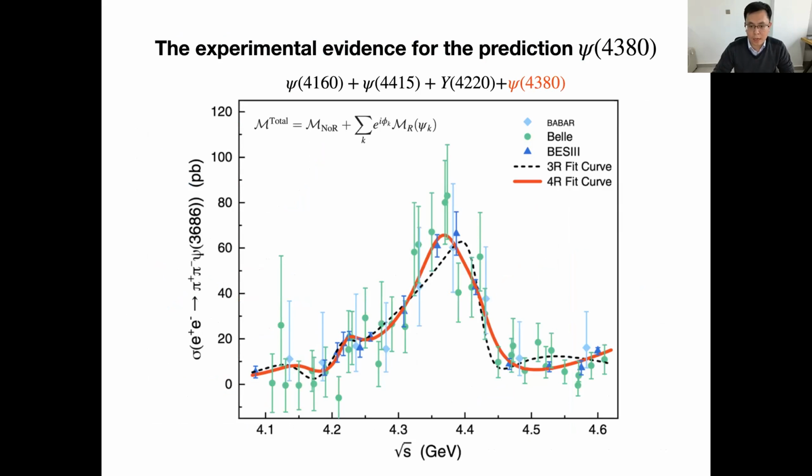In this slide, I also want to emphasize the experimental evidence for the prediction of the psi(4390). You can notice that if we introduce the psi(4390), we can reproduce the data, which comes from e plus e minus to pi plus pi minus psi(2S).